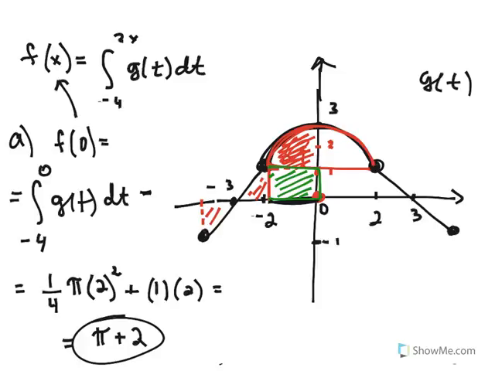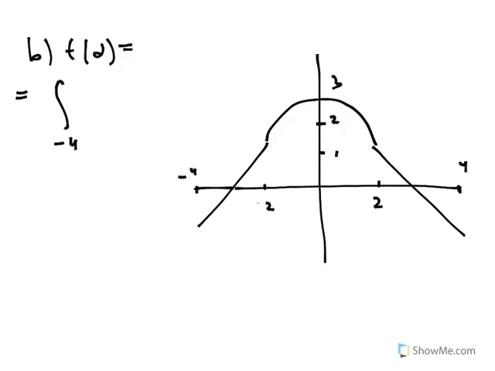F of x equals the integral from -4 to 2x. So we're going to replace x with 2, right? So 2 times 2 is 4. So it's from negative 4 to 4, g of t dt. All right, so we just need to find the area under the curve between negative 4 and 4. So I can just do this right away.